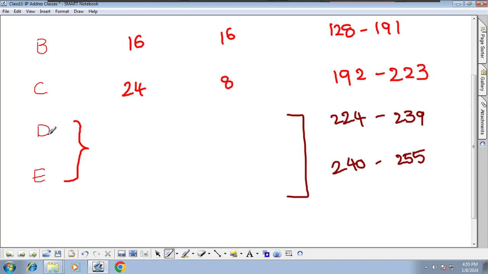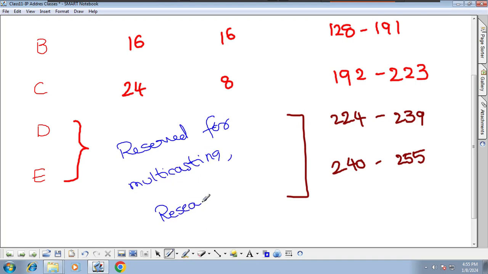These class D and class E IP addresses are reserved for multicasting and research purpose. But nowadays these addresses are already reserved, so we cannot use these addresses.